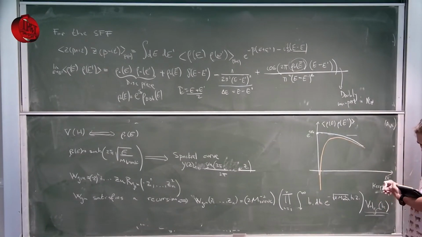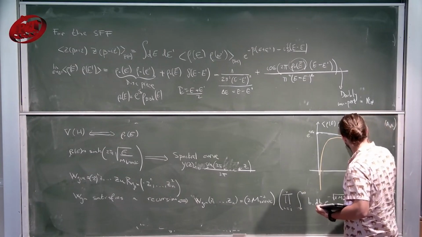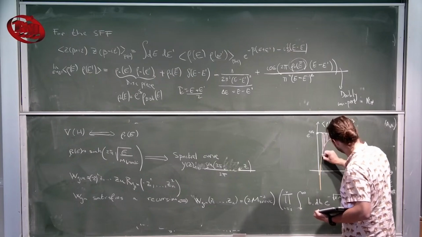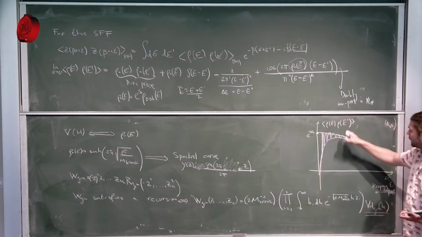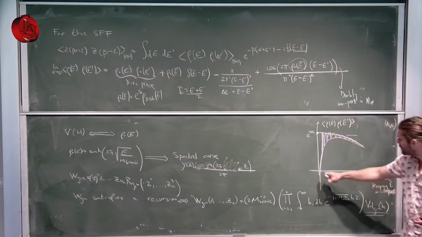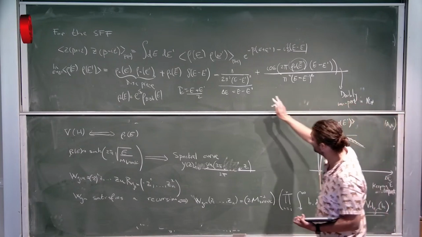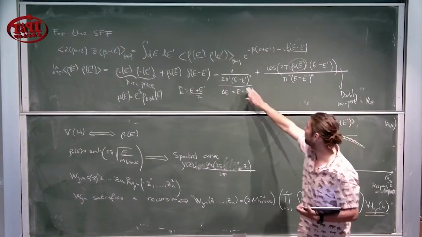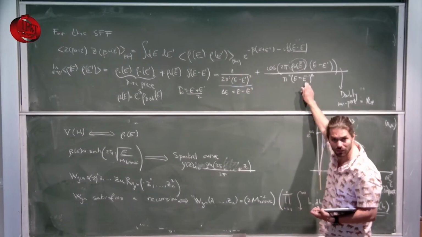Purple, which essentially gives very large oscillations as I approach delta E goes to 0, and essentially makes the density correlator go to 0 as the energy difference goes to 0. One important thing to notice is that if I take delta E to 0, this pole actually cancels with this pole.